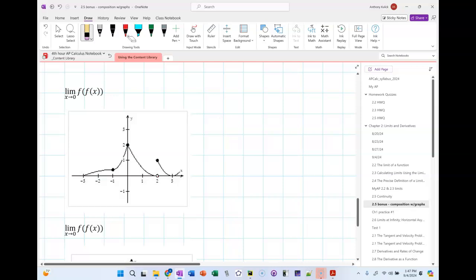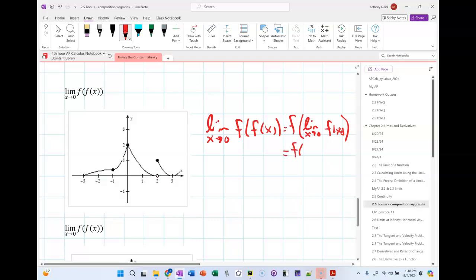So if we're doing the limit as x approaches 0 of f of x, ideally what we'd like to be able to say is this, right? Would you agree? And what's the limit as x approaches 0 for f of x? 2.